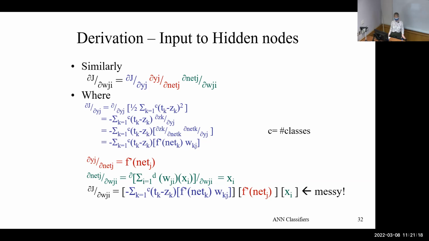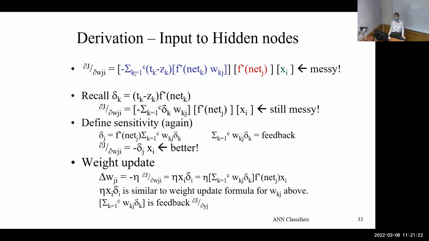We want to clean up our code. So we're going to take this messy guy. Remember, we had defined the sensitivity term earlier, this delta K. Okay, well, there we go. There are some delta K's sitting there.